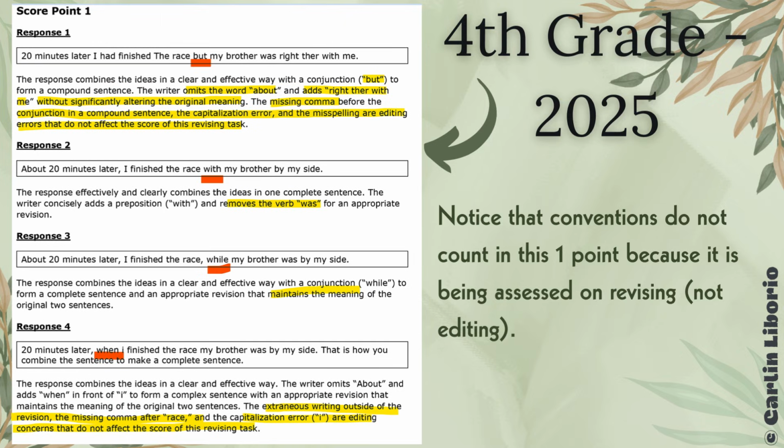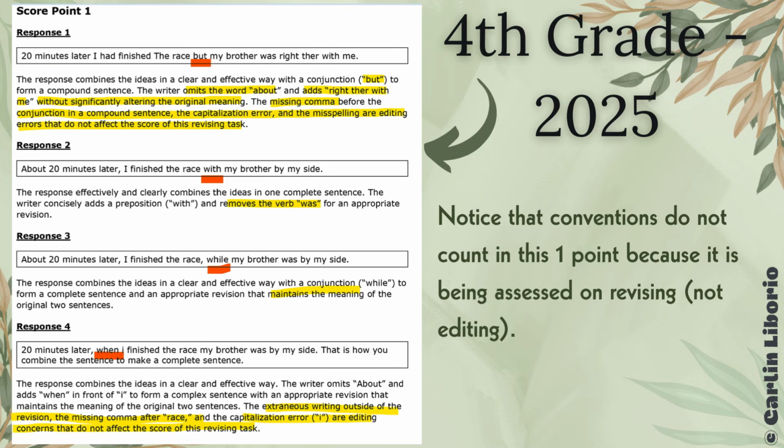And so I want you to notice, and this is a secret, don't tell the kids this, but the conventions do not count in the 1 point when you are scoring these, because it is not being assessed on it. It is being assessed on revising, not editing. If you look at where I highlighted yellow, this is from TEA.